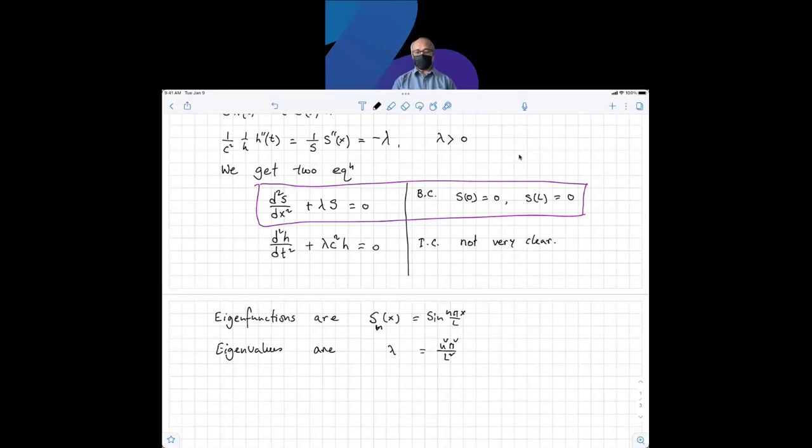You differentiate Sn, substitute there, compare with the eigenvalue equation, similar to the heat equation.